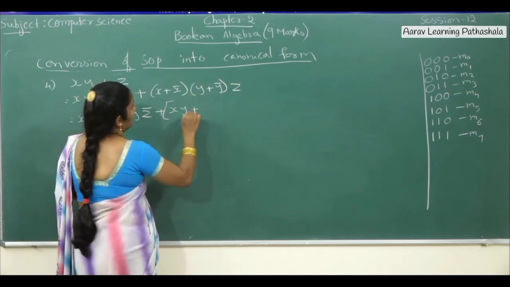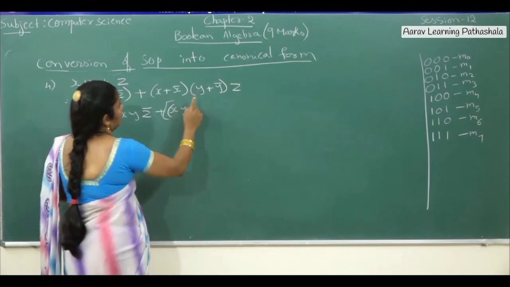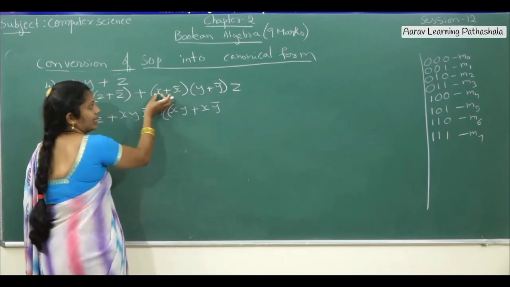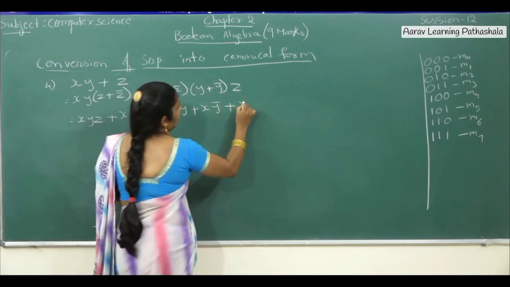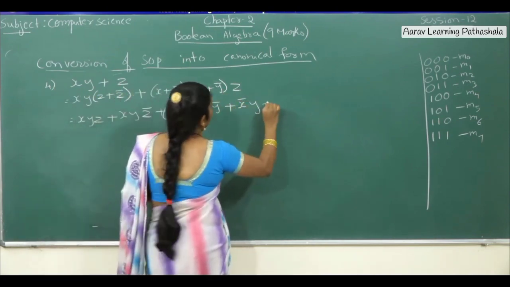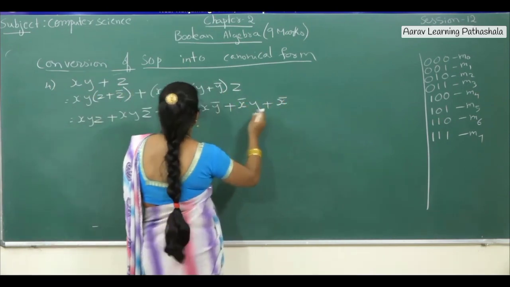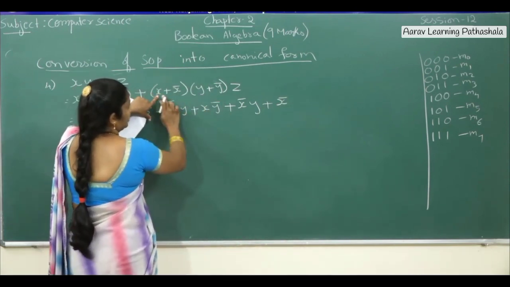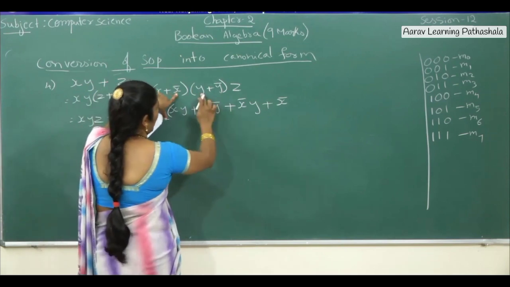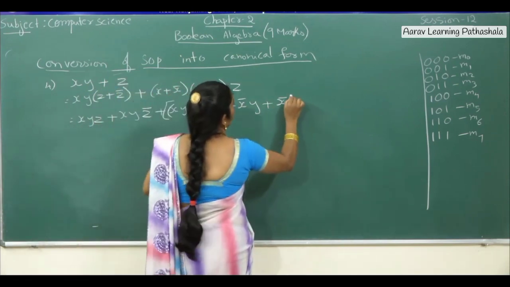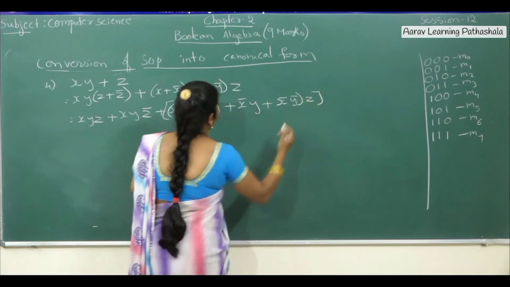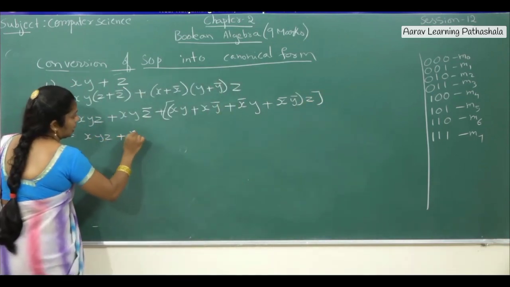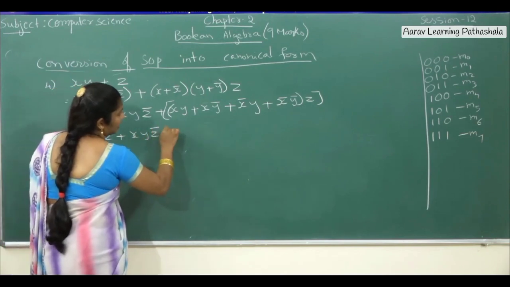xy plus xy bar plus x bar y plus x bar y bar, then z. Now once again distribute that: xyz plus xyz bar.